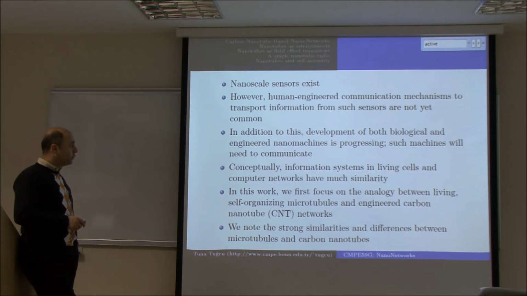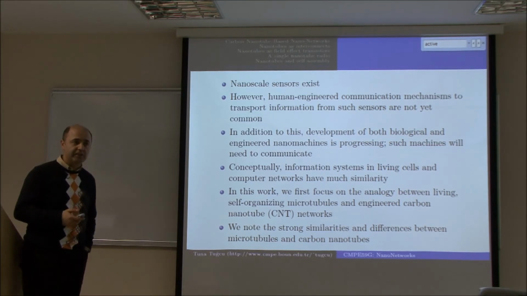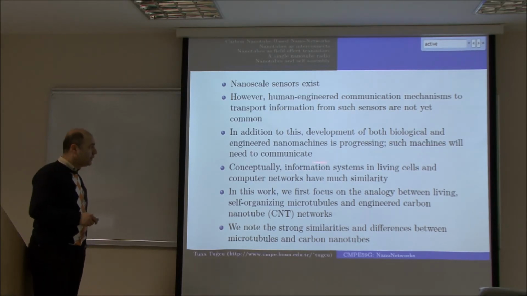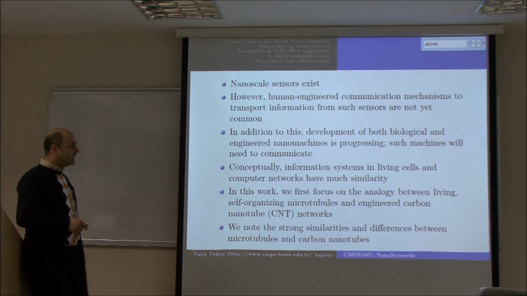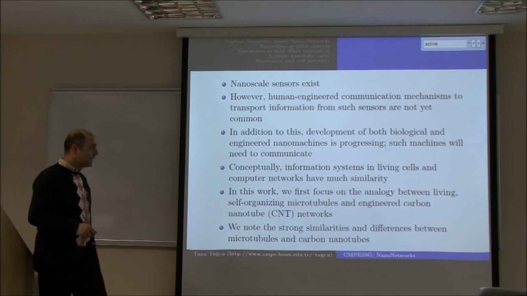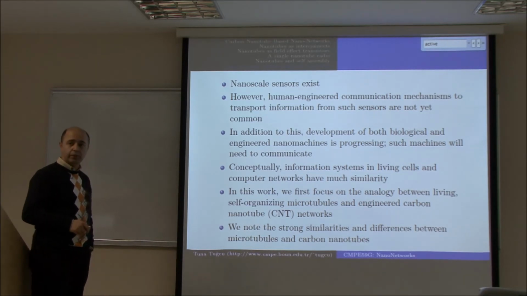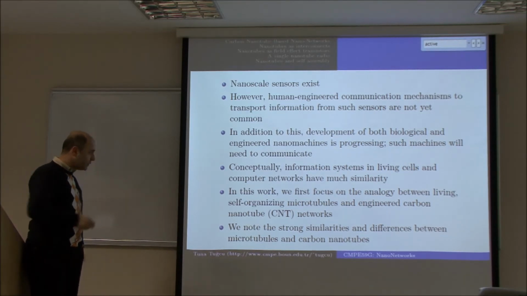Such machines hopefully will become available in the near future, but then we will need some communication between these devices. So conceptually, the information systems in the living cells and the computer networks have much similarity, and in this work we first focus on the analogy between the living self-organizing microtubules and engineered carbon nanotube networks, and look at the similarities in between.